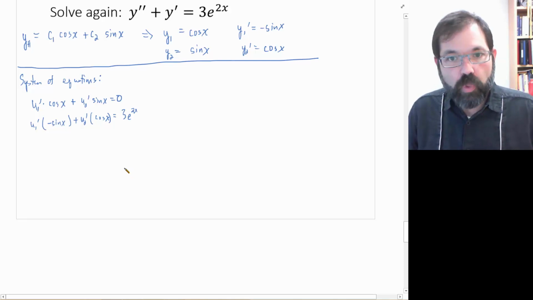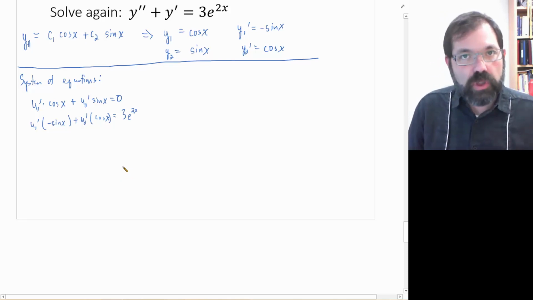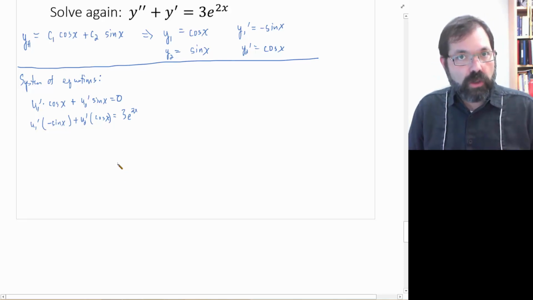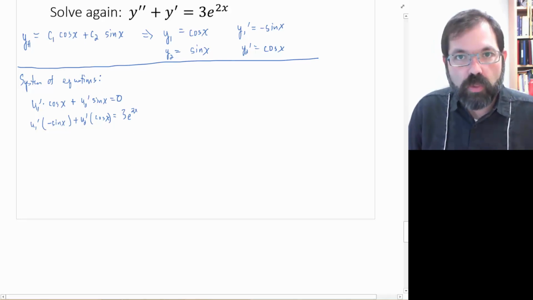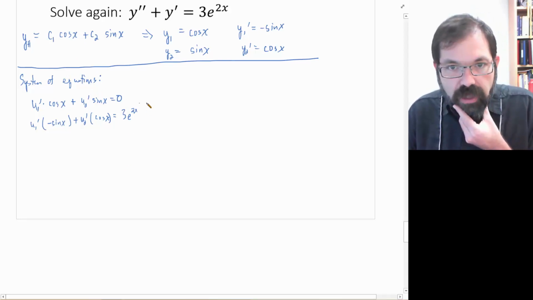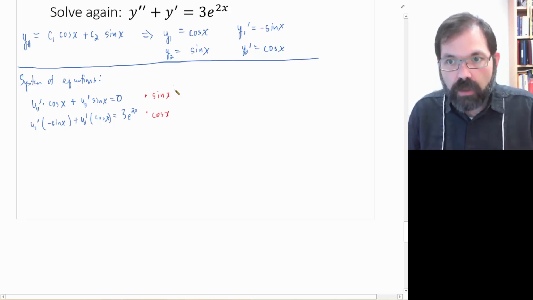Now this is a system of equations, and my goal is I want to maybe isolate the u1 prime or the u2 prime and solve then for u1 or u2. So you can still use any substitutions or eliminations that you want. So what I'm going to do is multiply the first equation by sine x and the second equation by cosine x.